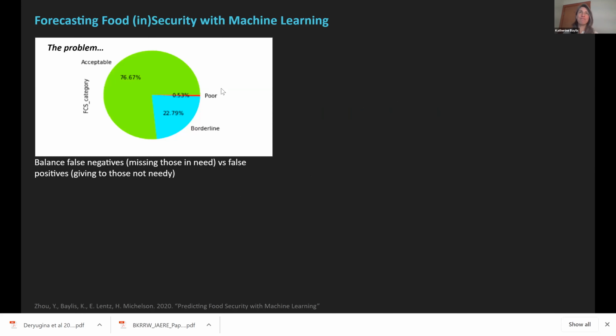Okay, so predicting food insecurity here. You can imagine this is going to be a highly nonlinear setting where lots of stuff could matter.